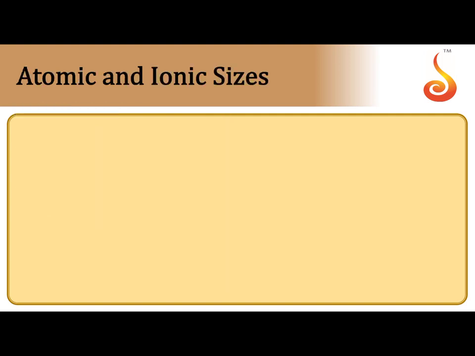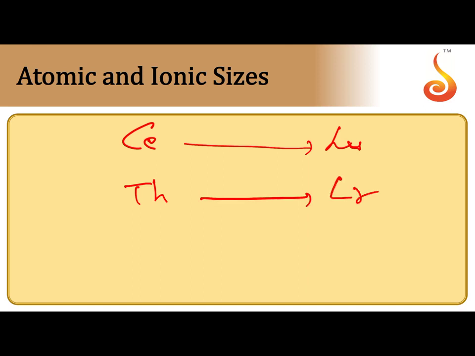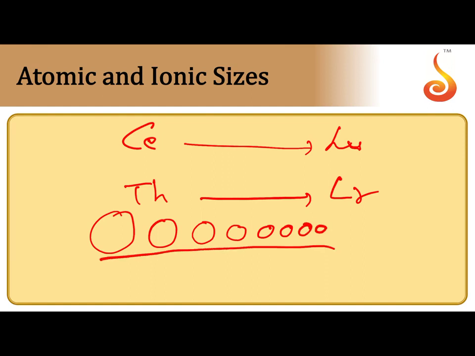Atomic size and ionic sizes from cerium to lutetium, or thorium to lawrencium, gradually decrease. Such a reduction in atomic size as well as ionic size in the lanthanoid elements as atomic number increases is specially called lanthanoid contraction.